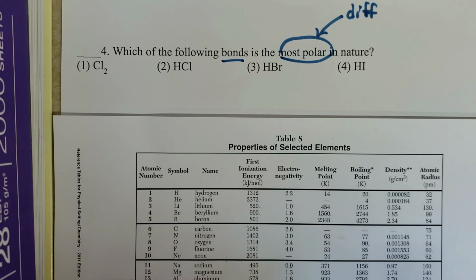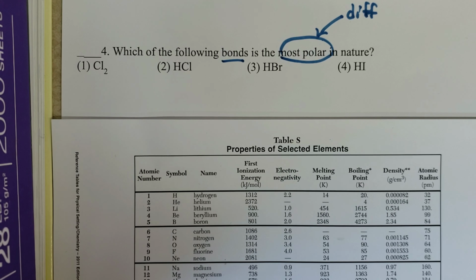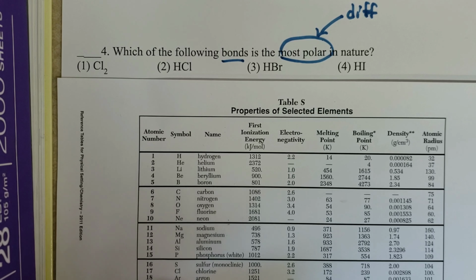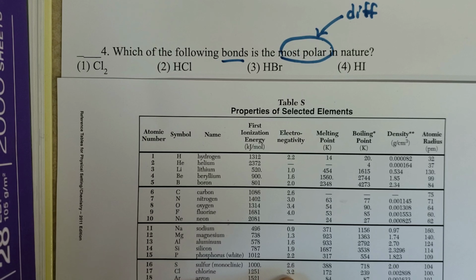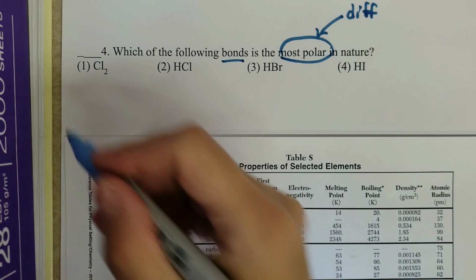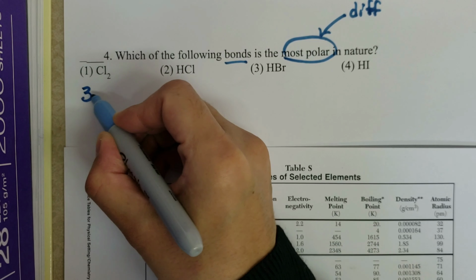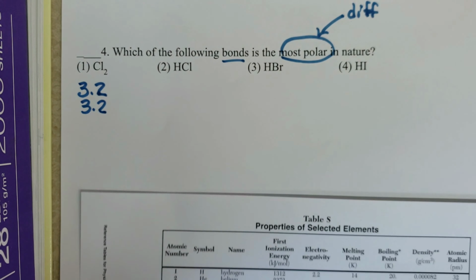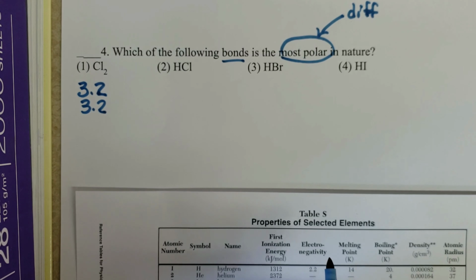To find electronegativity, you're going to use reference table S. So you can see here that chlorine has an electronegativity of 3.2. But in diatomic chlorine, each chlorine atom has an electronegativity of 3.2.